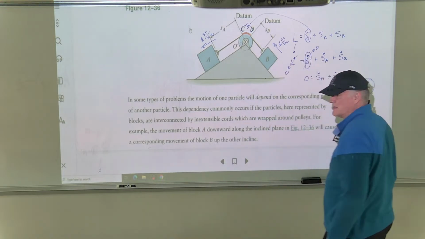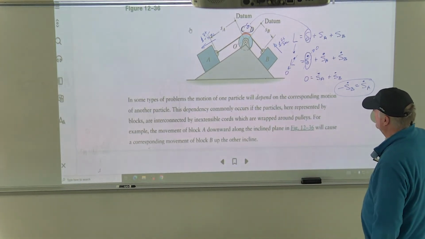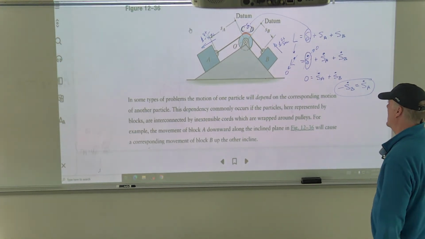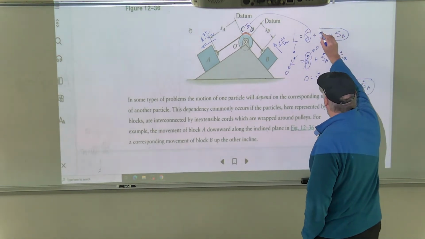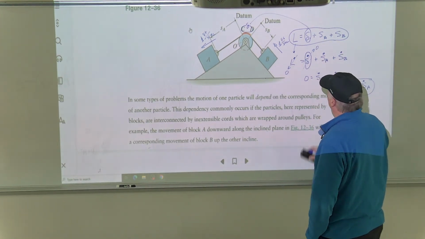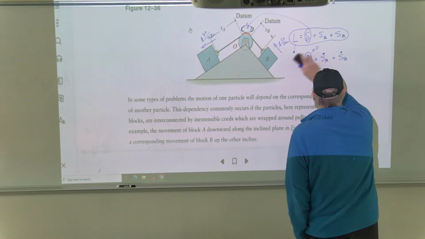And this is sort of a mundane and almost stupid example because you can kind of tell that's what was going to happen. But if you formalize it by always writing your length of ropes and going through them, you'll find that this pattern will save you many times.